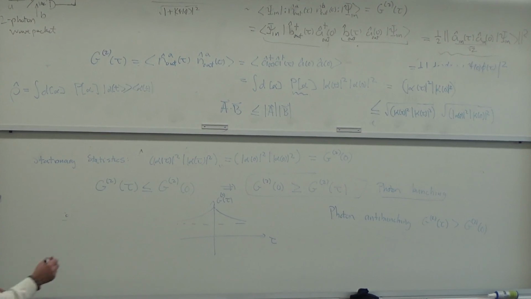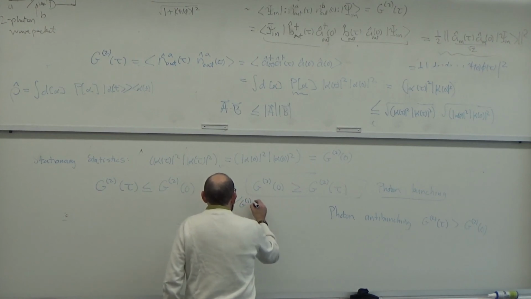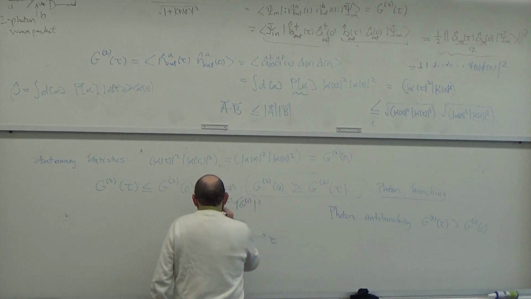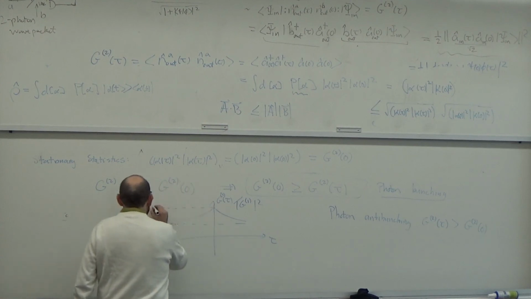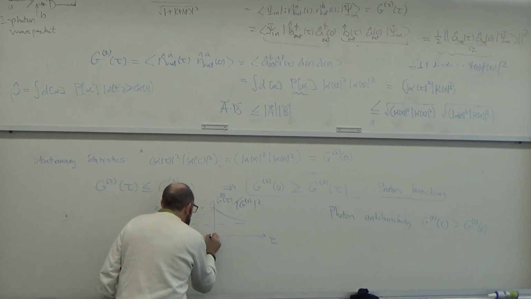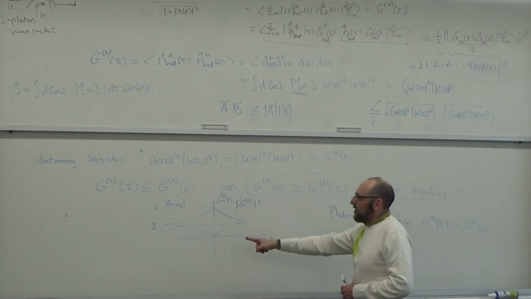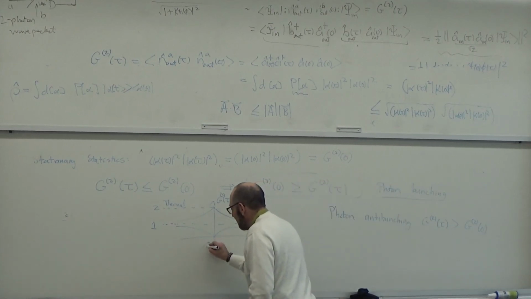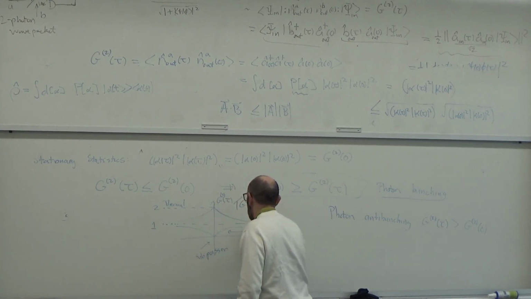So if I look at this again relative to G1 squared, then this is 1. This is 2 for thermal light. And if I have something like this, that shows both sub-Poissonian and anti-bunching.